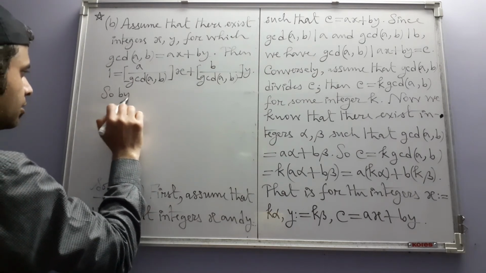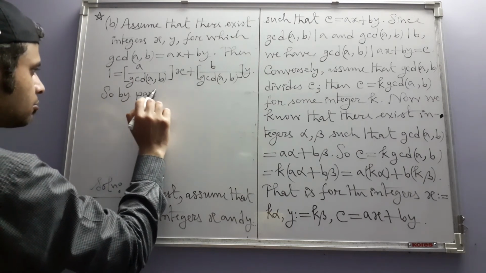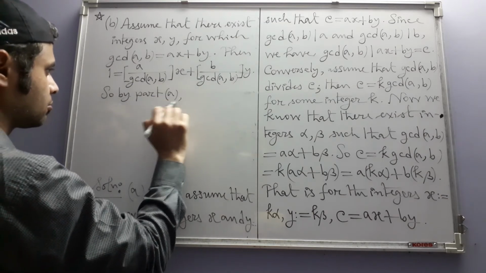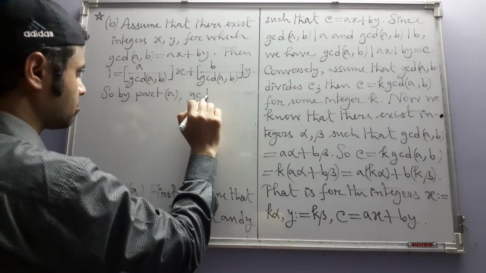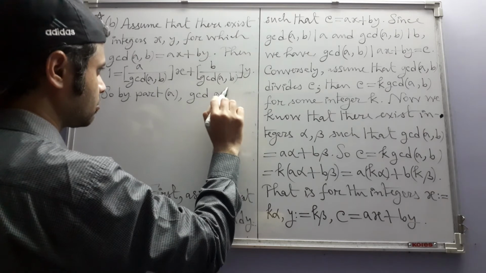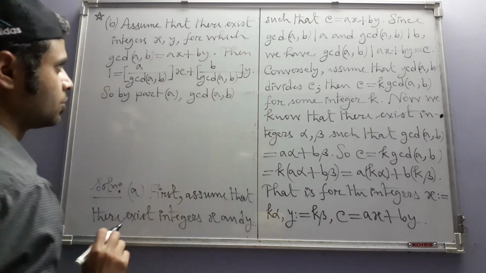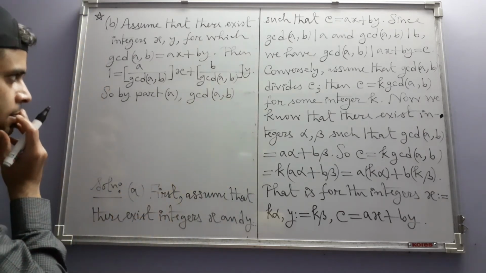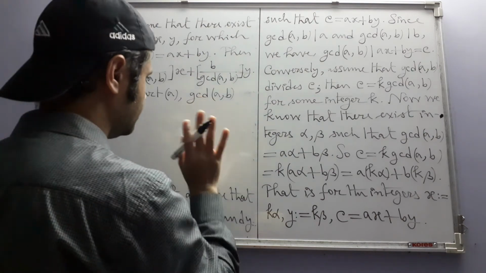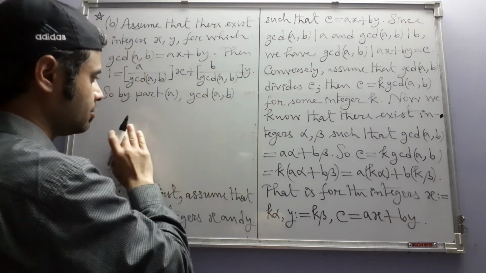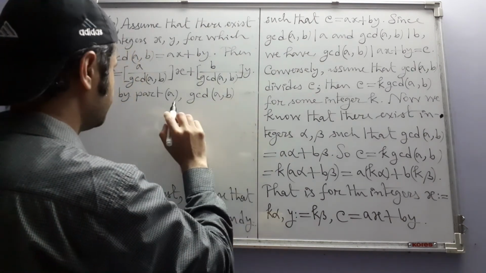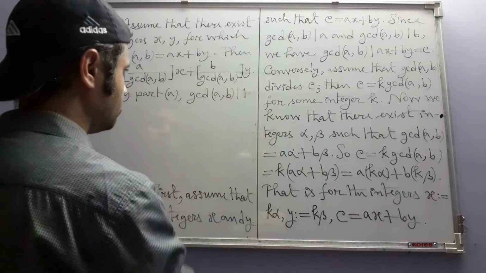So by part A, okay, we will need to write something else also. We will write it in brackets. So this divides 1.